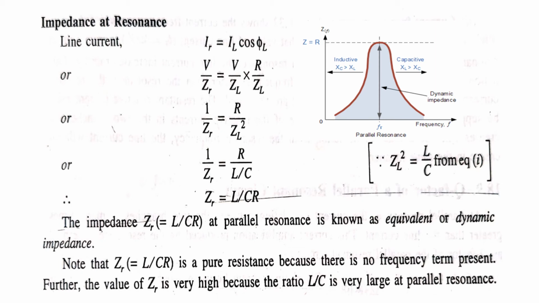Above the resonance frequency, the circuit is capacitive, where XL is greater than XC. At FR, Z is maximum, that is equal to R, and known as dynamic impedance. Is it clear? Next.